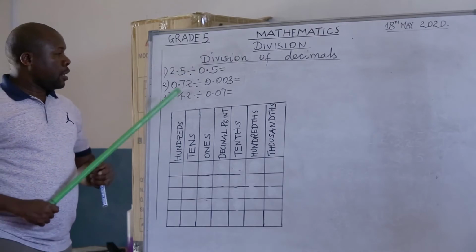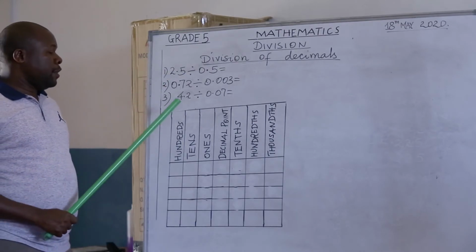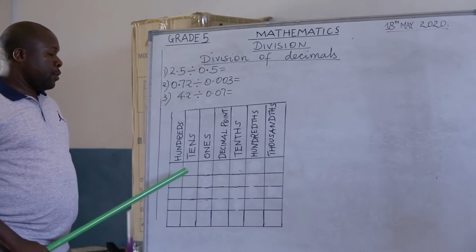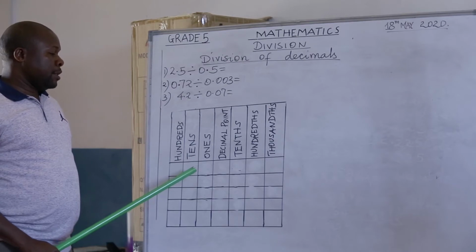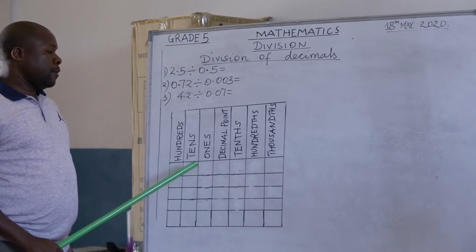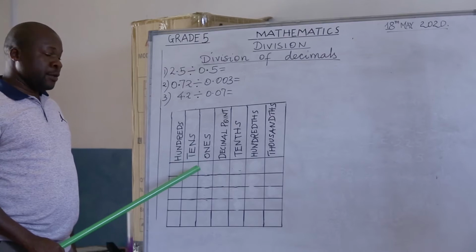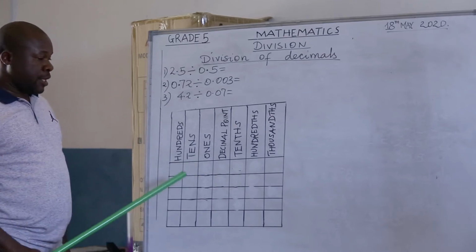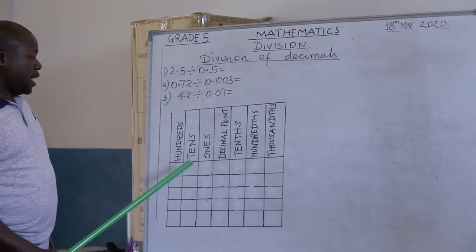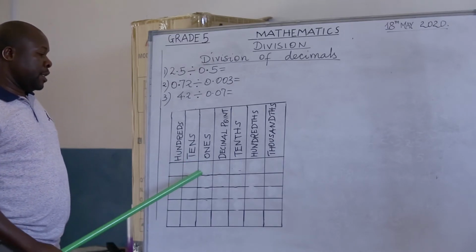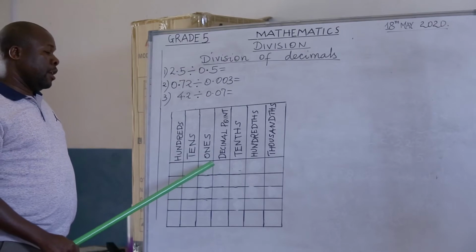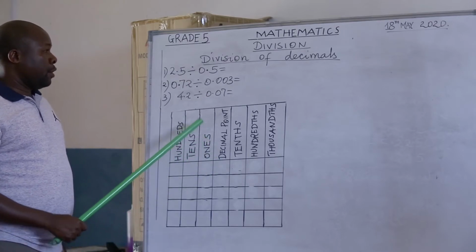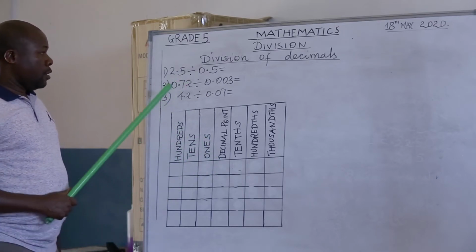Now, given division of decimals, we are not going to accomplish our objectives without using the place value chart. The place value chart is very important during any operations with decimals.